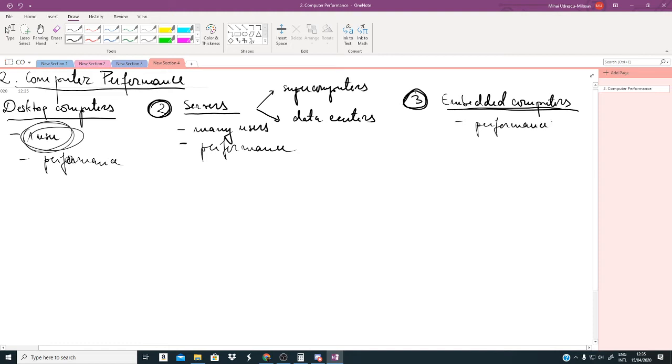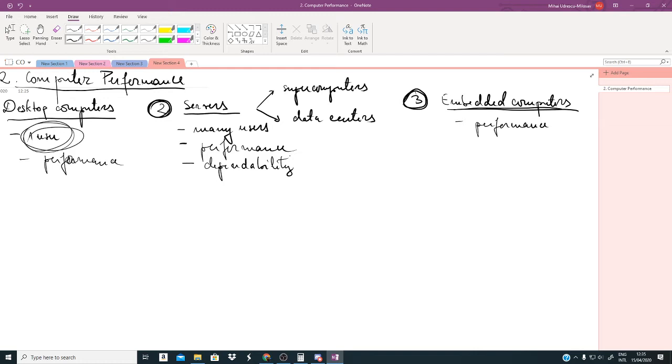But, you know, for servers, we are also talking about dependability. Dependability actually is a hybrid or mixed concept, which consists of several attributes.